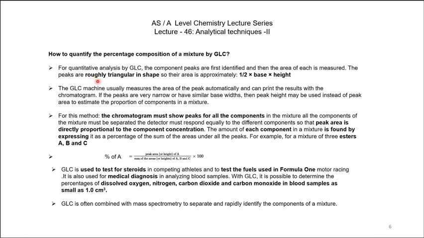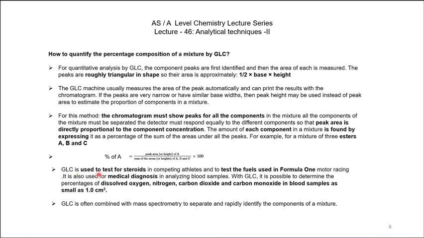The peak is roughly triangular in shape, so the area is approximately half base times height. So we use this, and then, let's say there are three esters A, B, C, we can find the peak area or height of A, and then the sum of the areas or heights of A, B, and C. And that gives you the percentage of A quantitatively in gas chromatography.